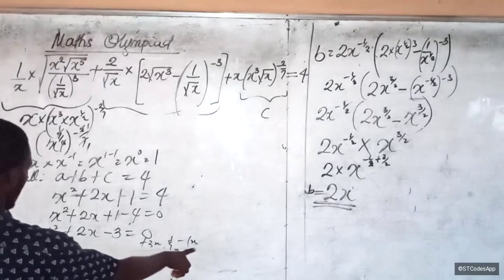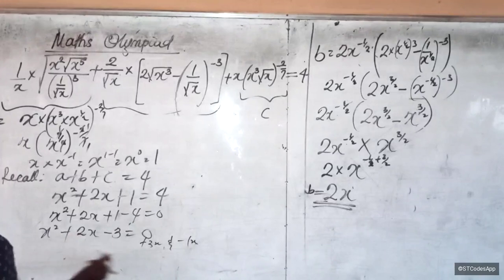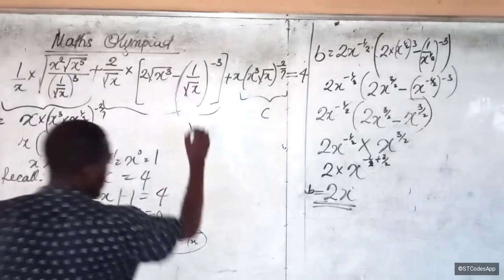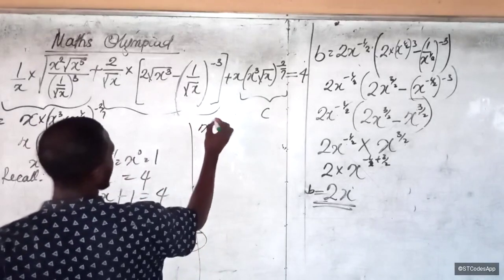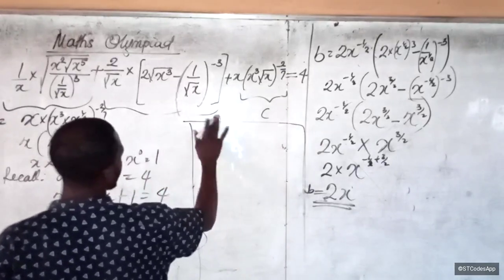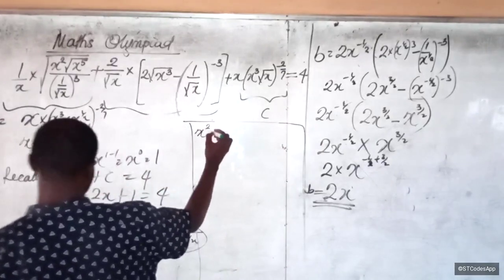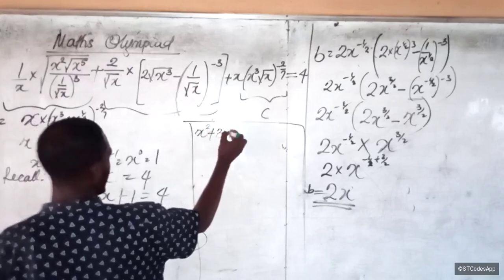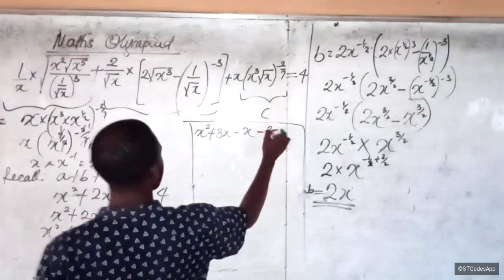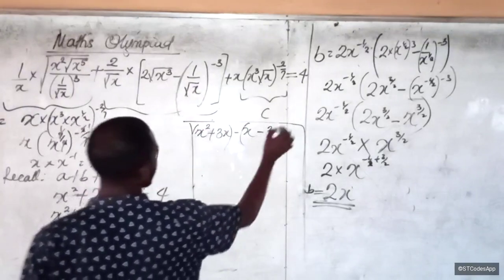So this plus this, so that's going to give us this. So this will replace this. So we are going to have x squared plus 3x minus x minus 3 is equal to 0. So we can factorize.